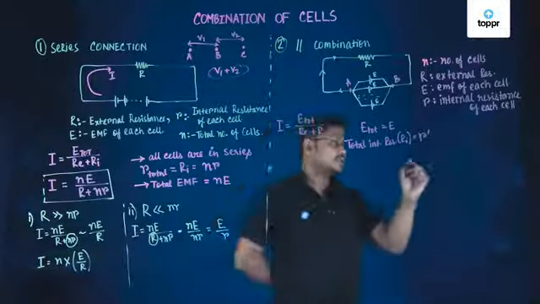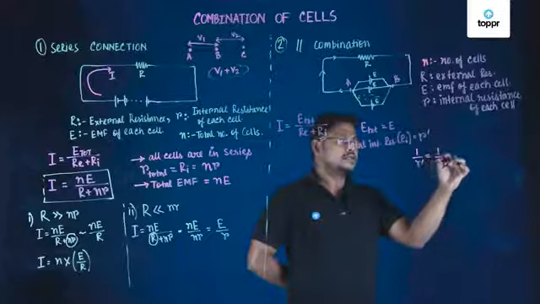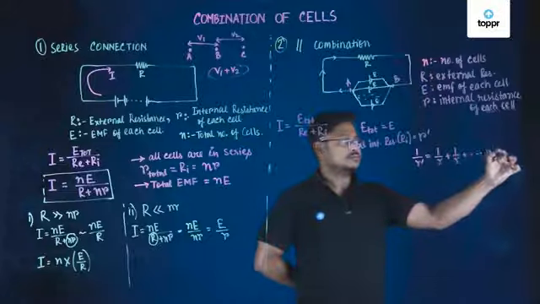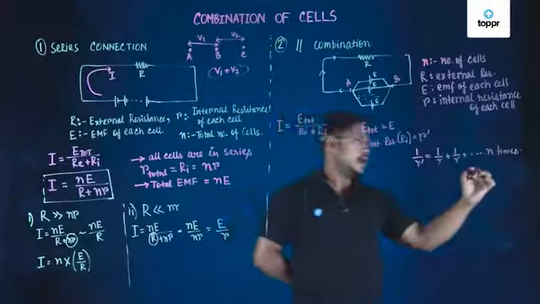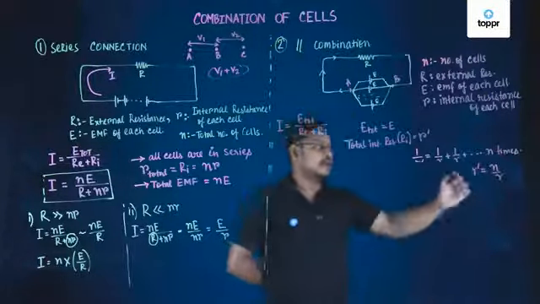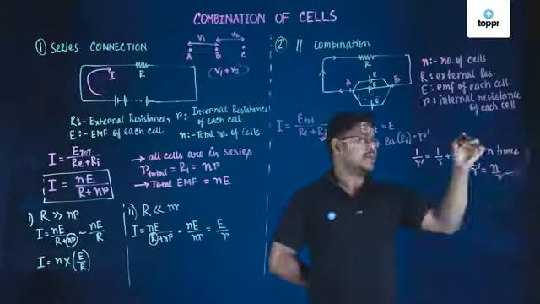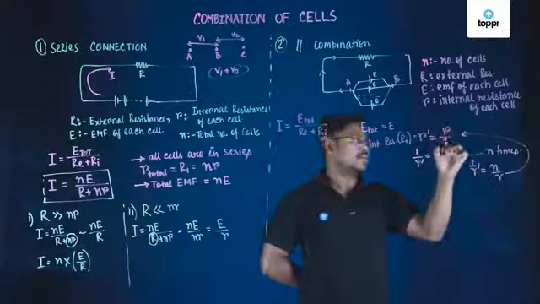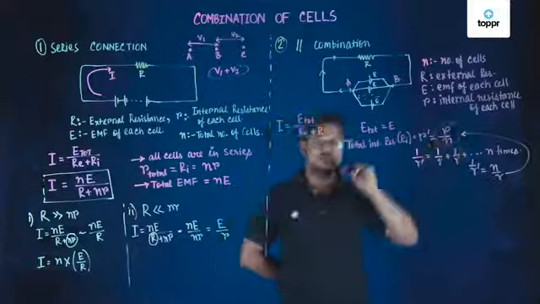So I can write 1 by R dash equals 1 by r plus 1 by r up to n times. From here we get 1 by R dash equals n by r, so R dash equals r divided by n. So we got the value of Ri also.